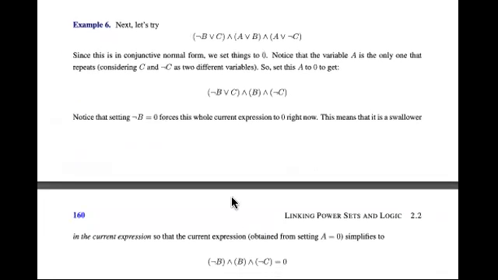Here's another one. This one is conjunctive normal form, so take a look at that one. It has to do with setting things equal to 0. The variable A is the only one that repeats, so maybe that's a good one. Let A be 0, and you end up getting this, and setting not B equal to 0 actually forces the whole expression to 0.